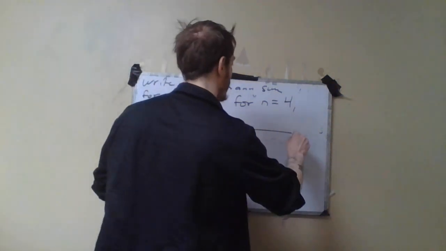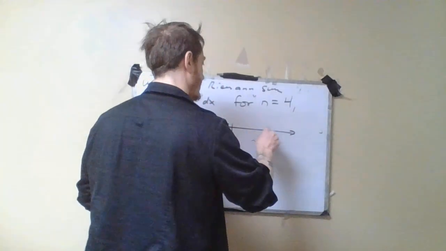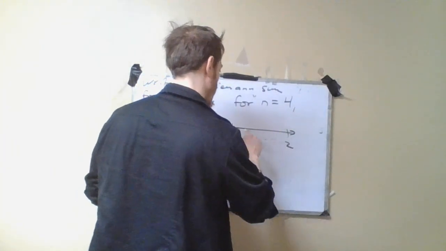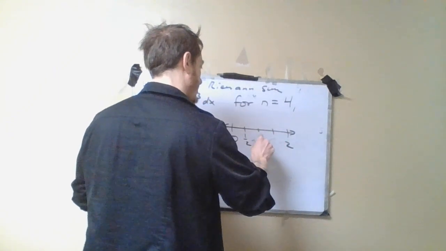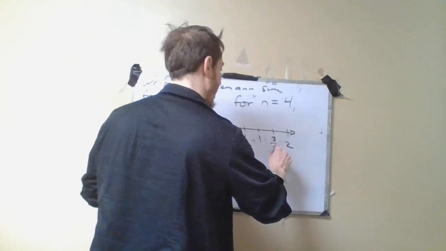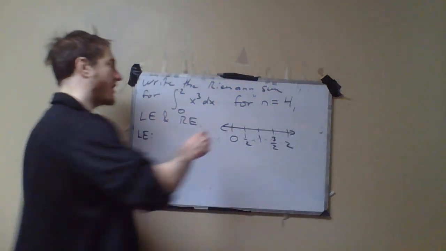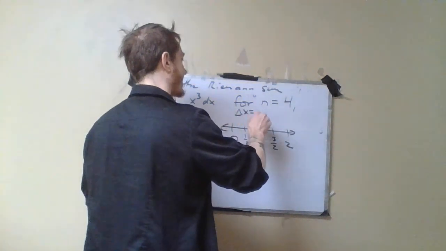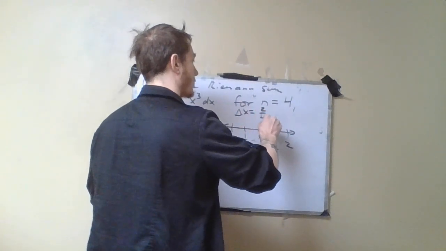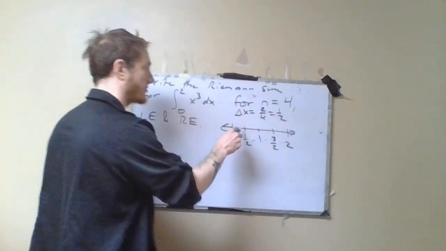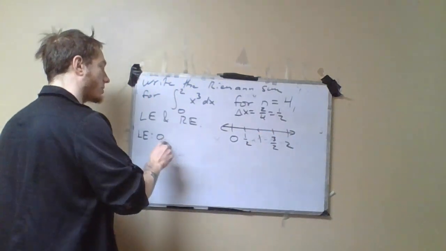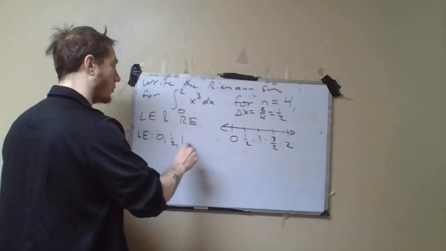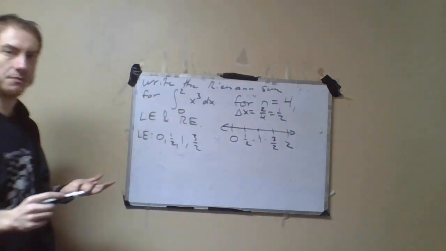If I break up 0 to 2 into 4 pieces, then those pieces are going to happen at 1 half, at 1, and at 3 halves. And in fact, you can notice here, delta x is going to be equal to 2 over 4, which is 1 half. So the width of each of these is 1 half. The left endpoints are going to be 0, 1 half, 1, and 3 halves.